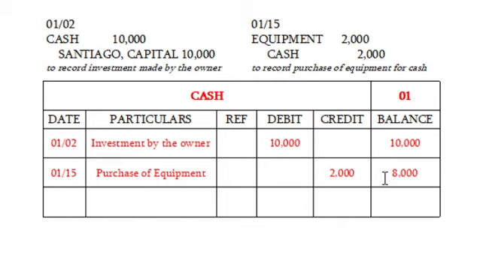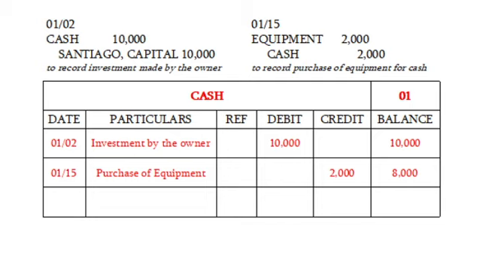And then, yung balance. So, that is 10,000 less 2,000, we have 8,000 balance for our cash. Again, this is the standard presentation of our ledger. So, para sa ating cash, we have a balance of 8,000.